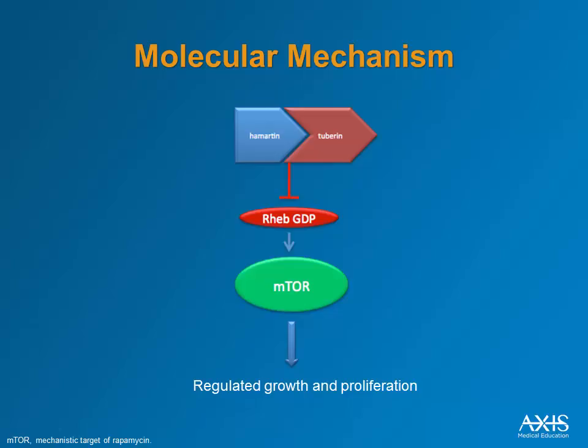When the hamartin-tuberin complex is disrupted because of mutation, Rheb is disinhibited, and that allows it to stimulate mTOR. And the bottom line is you have too much mTOR signaling as a consequence of the deficiency in the hamartin-tuberin complex.